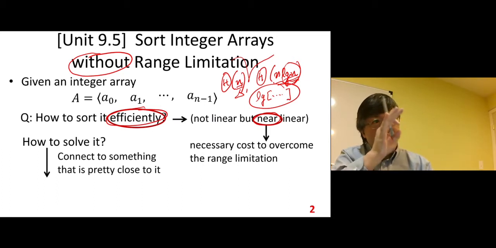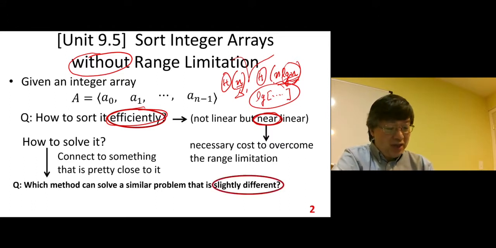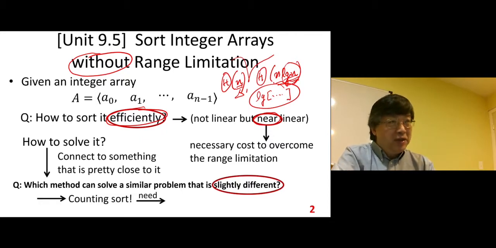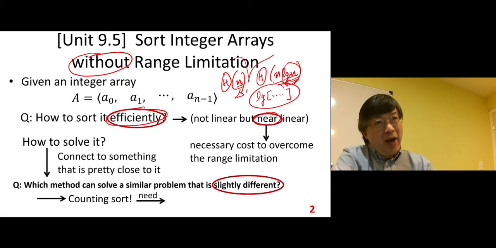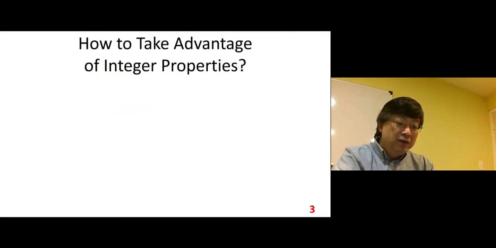We want to make that our starting point, and that is obviously the counting sort, which we just learned. But there is a gap, and we need to do something special to bridge it. How to take advantage of integer properties?